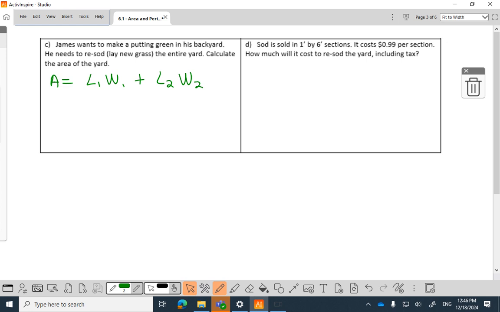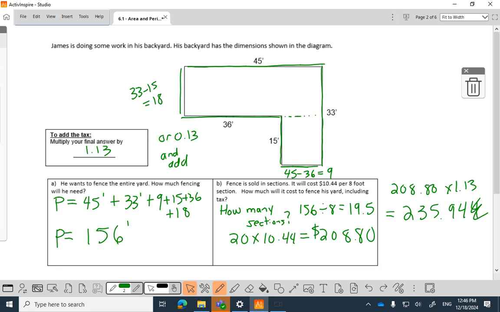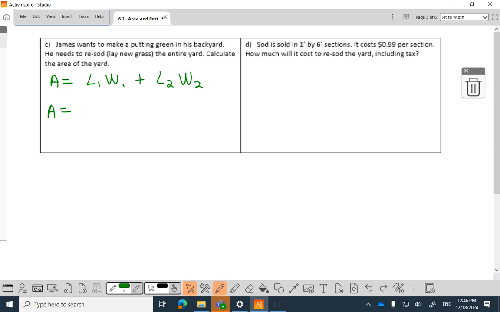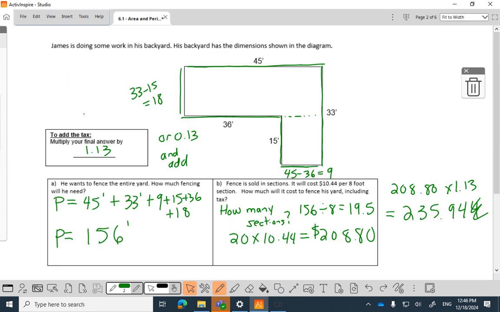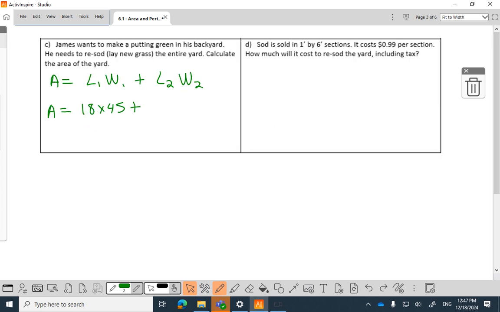So first shape, what's the length and width of the first shape? I'm doing this one up here. What's its length? 18. Its width? 45. Okay, so for rectangles, pretty straightforward here. 18 times 45. And then the other one that I chose, 15 by 9.